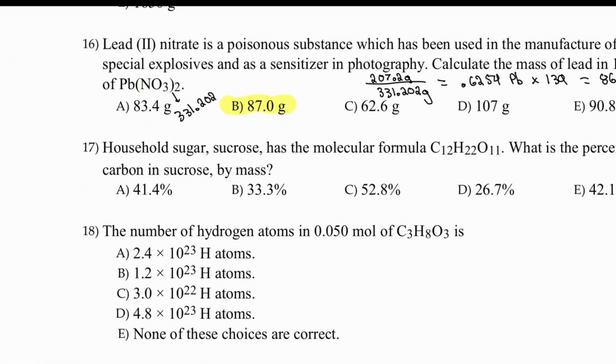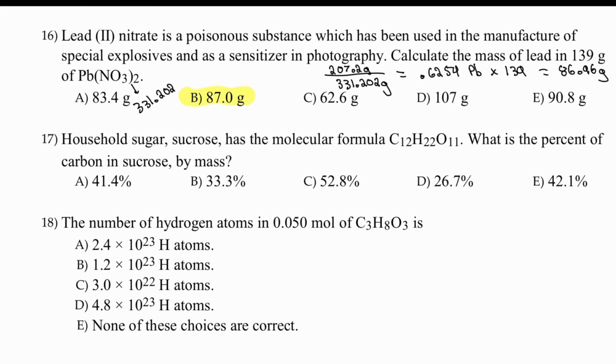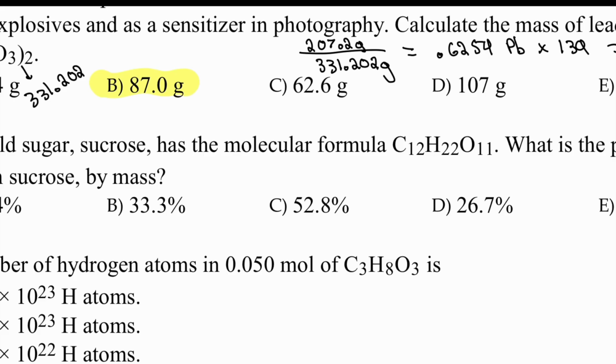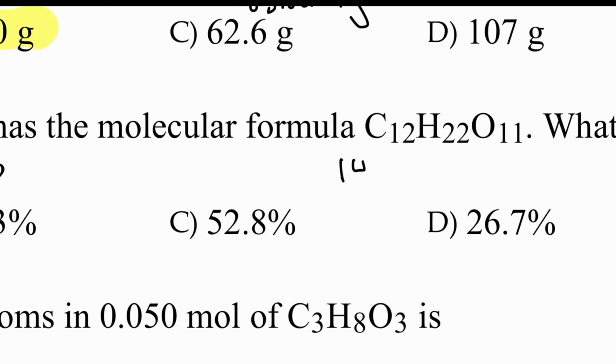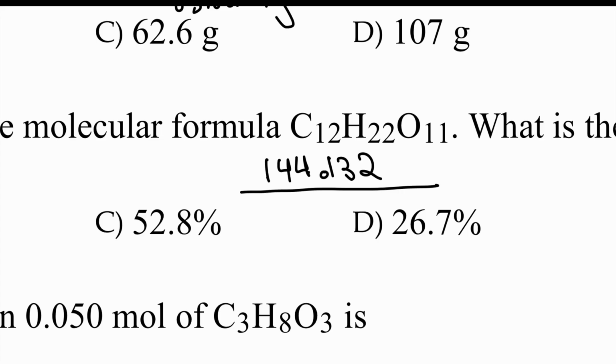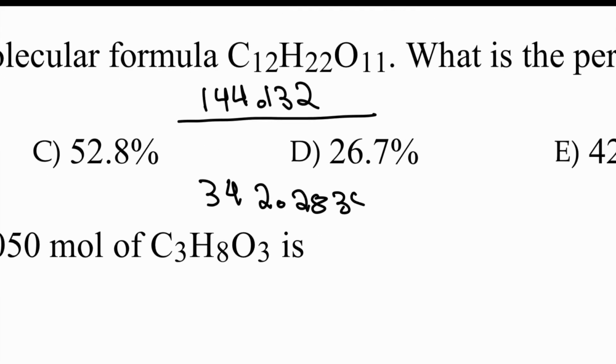They give us the molecular formula of sucrose. What is the percent of carbon in sucrose? So same thing, but now they just want the percent. 12.011 times 12 is around, and we're also going to go over the total mass of our substance, which is going to be 342.2838.